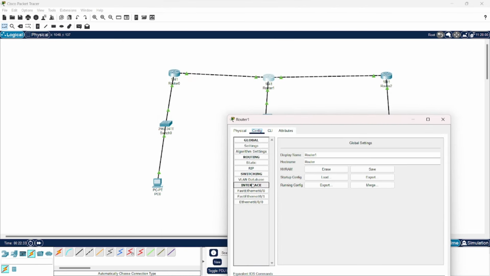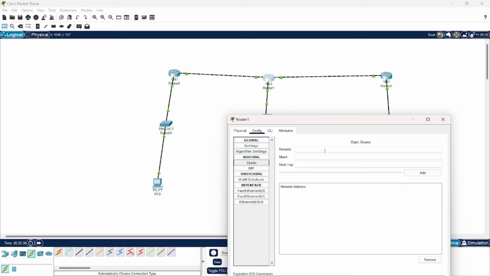Now for the second router, for router 1, for this address, router 0 is going to be the next hop. And for this network, router 2 is the next hop.